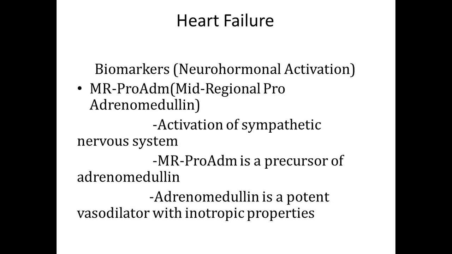Remember, when you have insult to the heart, reduction in cardiac function, you're going to get an increase in the systemic vascular resistance. So now if you have something that causes vasodilatation, then you're going to reduce the vascular resistance. And one of the problems with these insults and the heart failure, the heart muscle is weak. So if you have something that's going to increase the contractility, that's what you want.